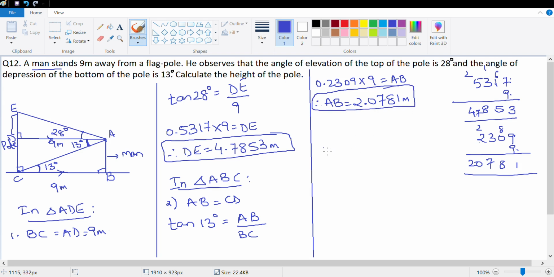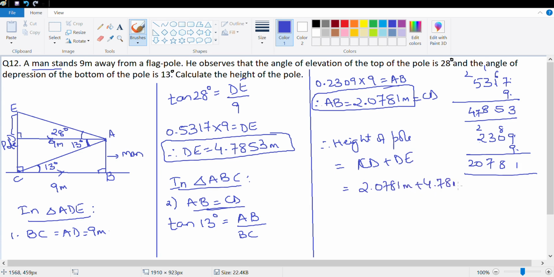Next, therefore, height of pole will be equal to AB, and this is equal to CD because we've already said AB is equal to CD. So it will be equal to CD plus DE, which is 2.0781 meter plus 4.7853 meter.